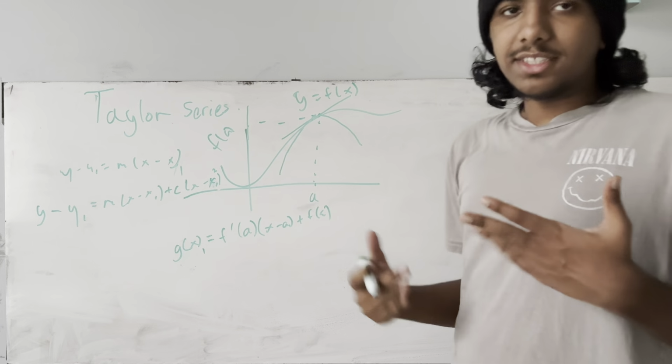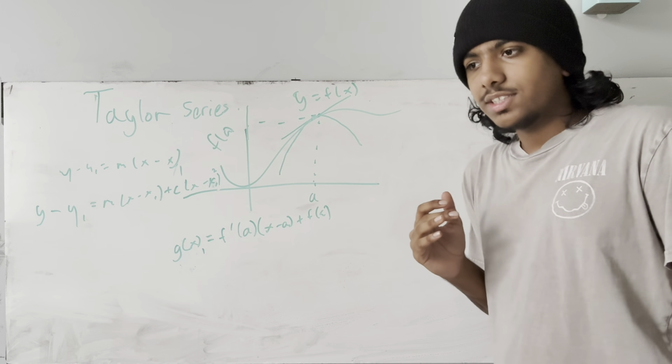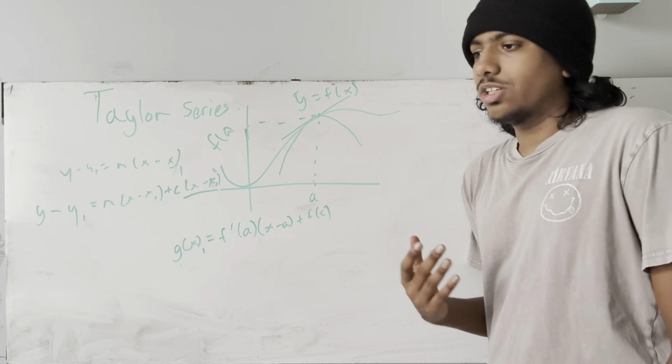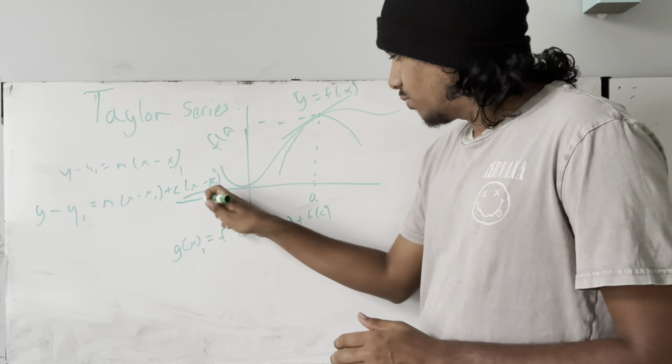And c is basically the concavity at that point. But keep in mind, since we're trying to make it as close to the function as possible, we're actually going to divide by 2 over here.